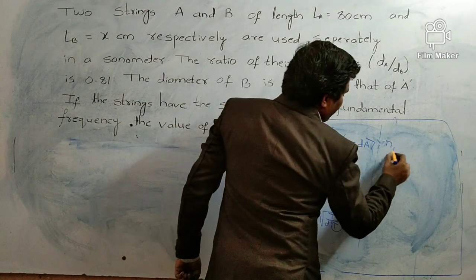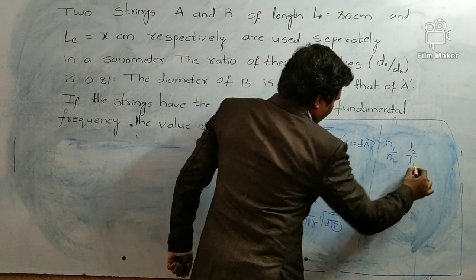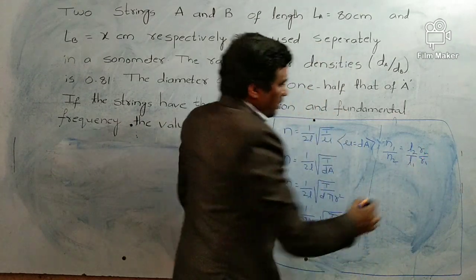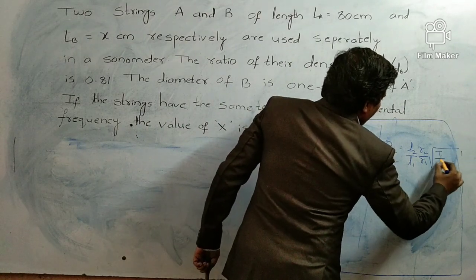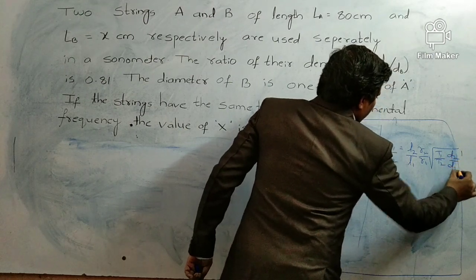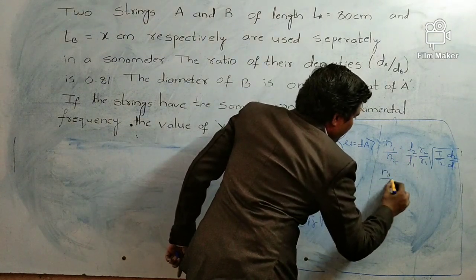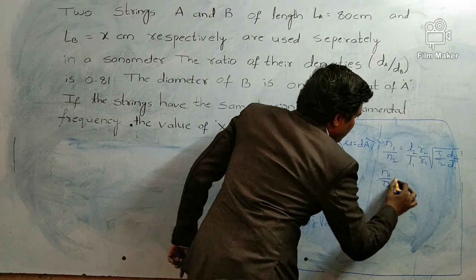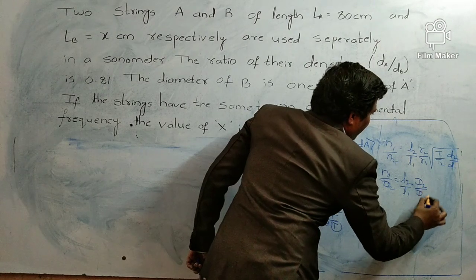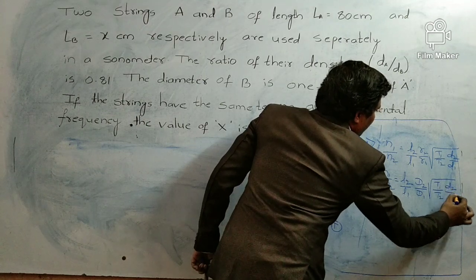So what is the ratio? N1 by N2 is L2 by L1, then R2 by R1, T1 by T2 and D2 by D1. The diameters are also in the same ratio. So N1 by N2 is L2 by L1 into D2 by D1 into T1 by T2 into D2 by D1.